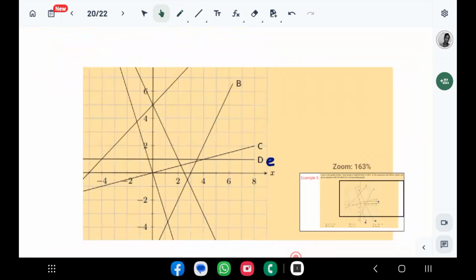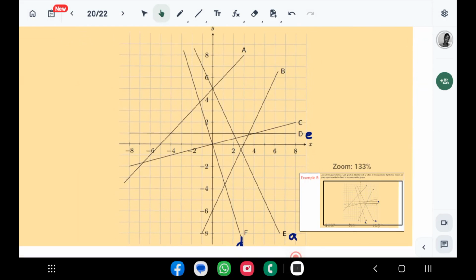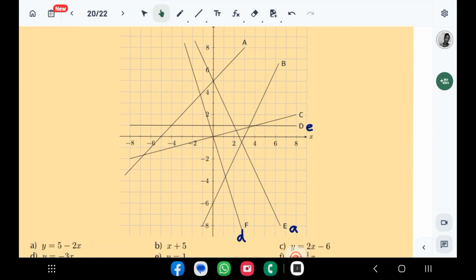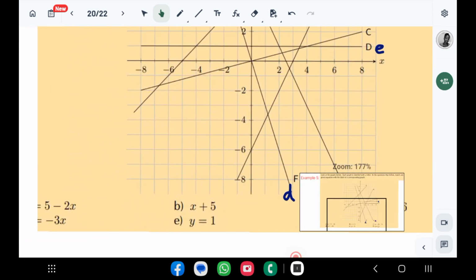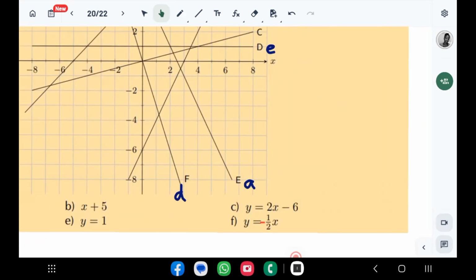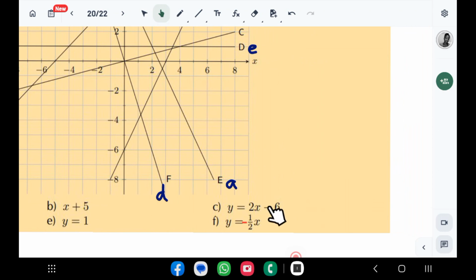Okay, let's see. We've got 2, 3 that have got positive gradient. Number B has an x-intercept of 3, y-intercept of negative 6. There's the y-intercept of negative 6.